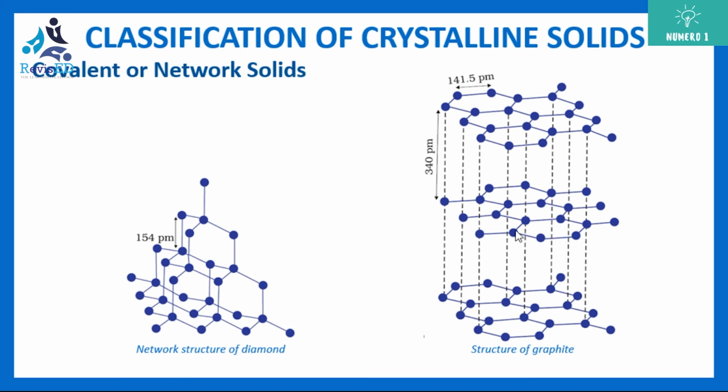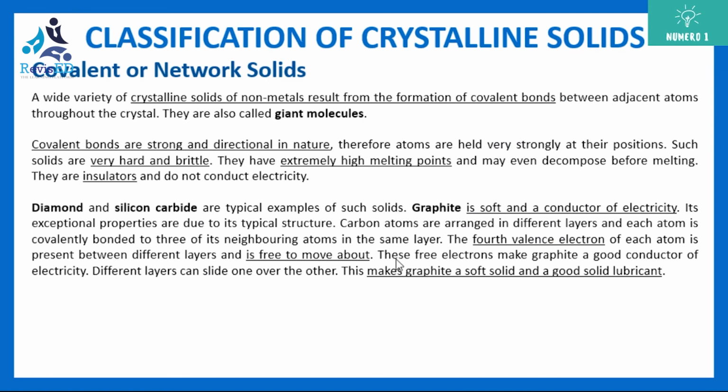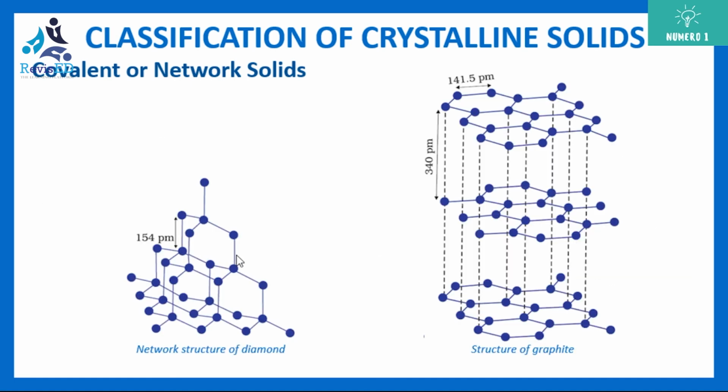For example, this carbon has 3 bonds. The fourth electron is down here somewhere or up here somewhere, free to move about. So these free electrons make graphite a good conductor of electricity. Different layers can slide over each other. This makes graphite a soft solid and a good solid lubricant. So this was the structure of graphite and this was the structure of diamond.